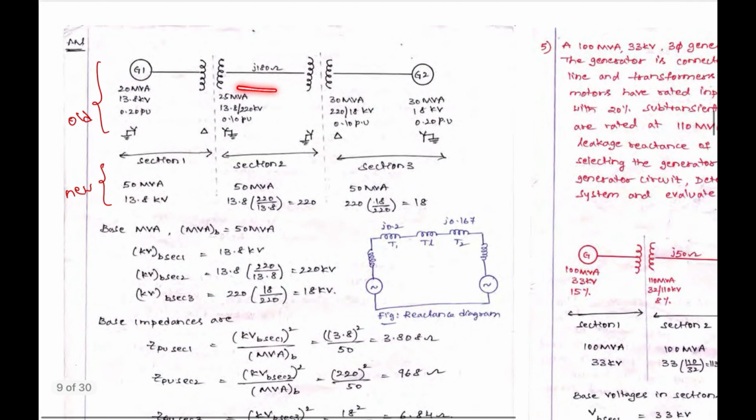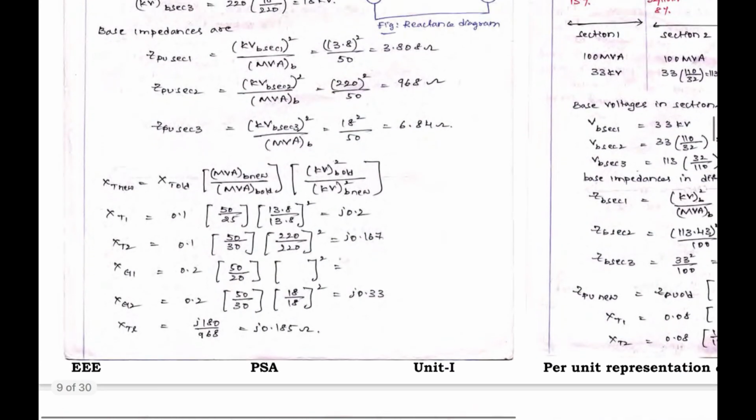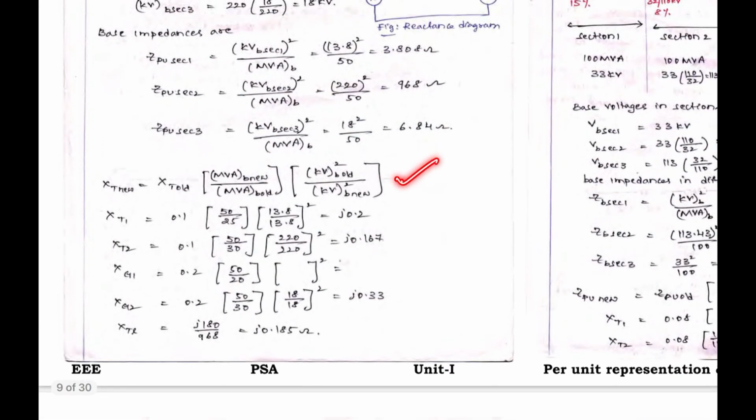And the base impedances we have also calculated. Why? Because for the transmission line or loads, we need to calculate the base impedance. So it is the general formula for transformer T1, transformer T2, generator 1, generator 2, and the transmission line.